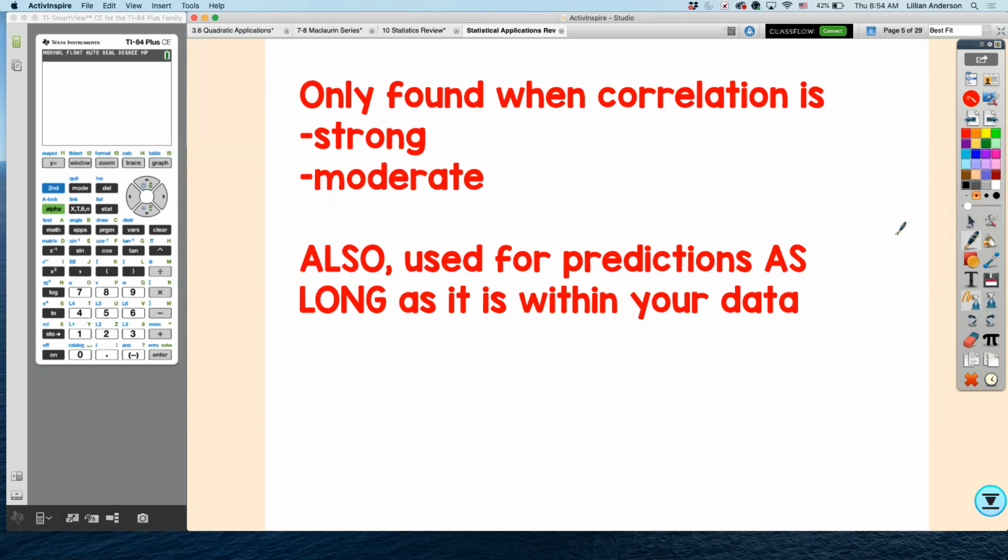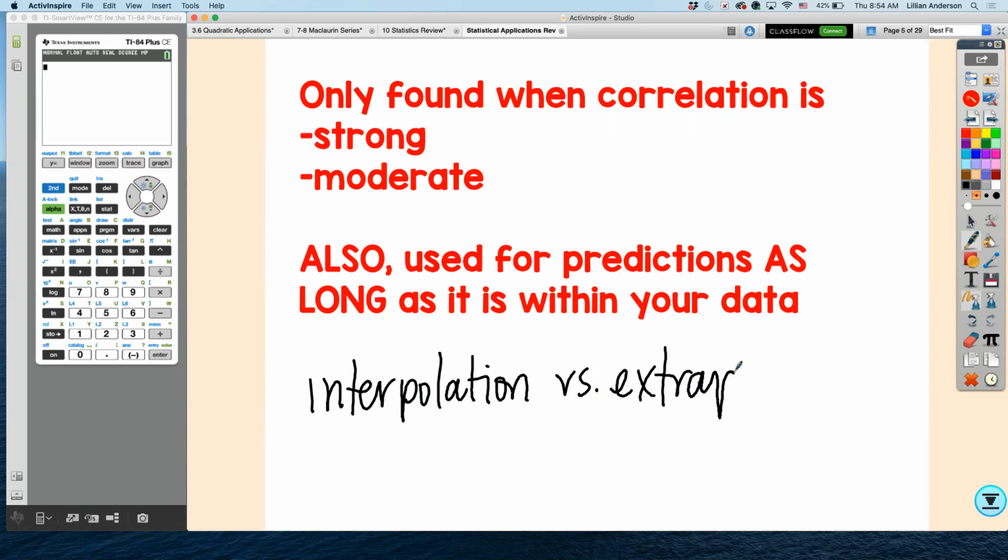We talked about two different words last year, an interpolation and an extrapolation, okay? Let's say you had your data already, and you found your correlation and your regression line. An interpolation was a value that was within the other data values that you were given.